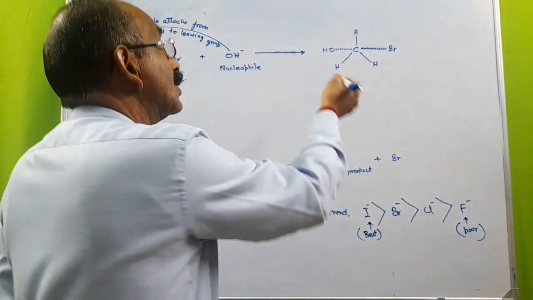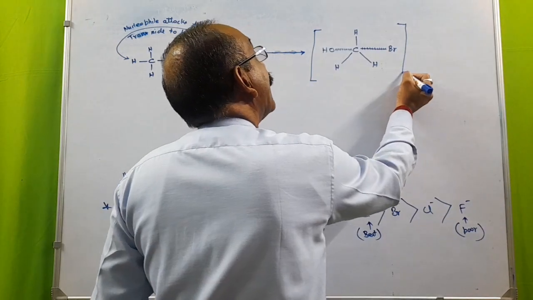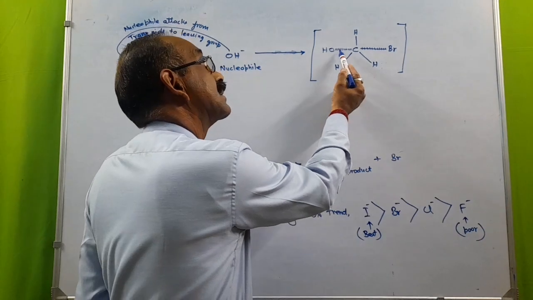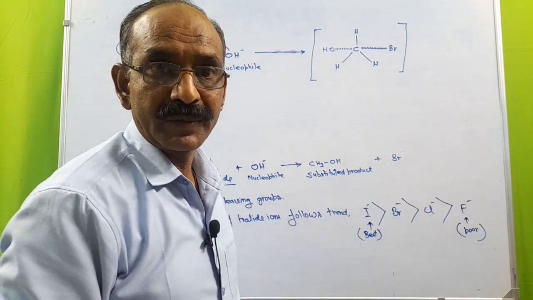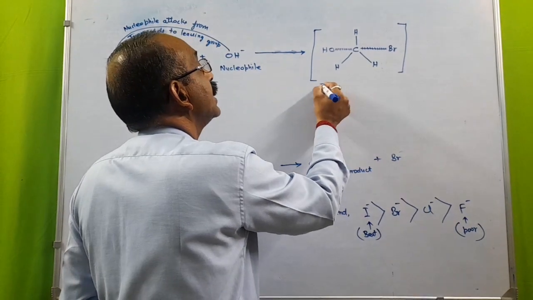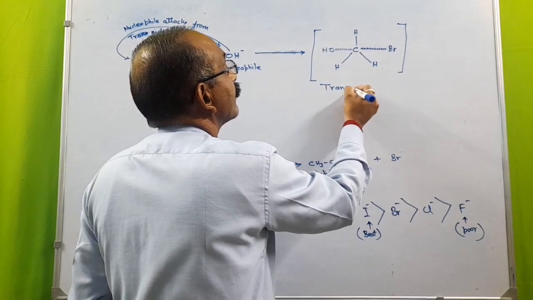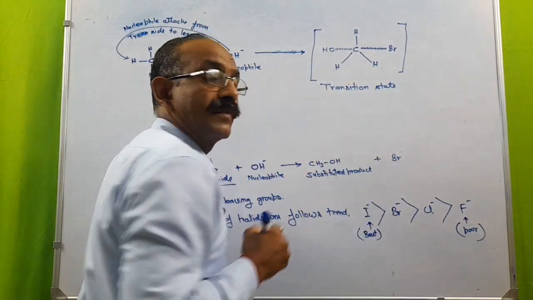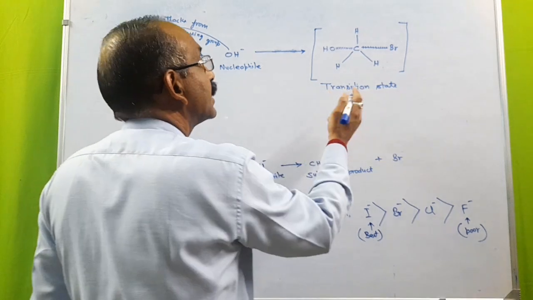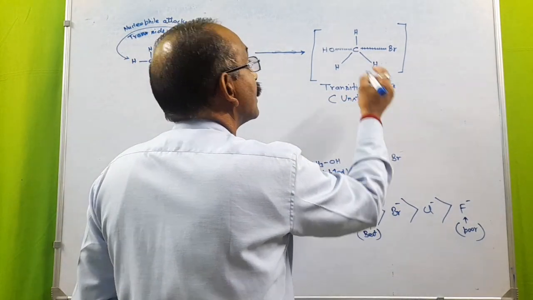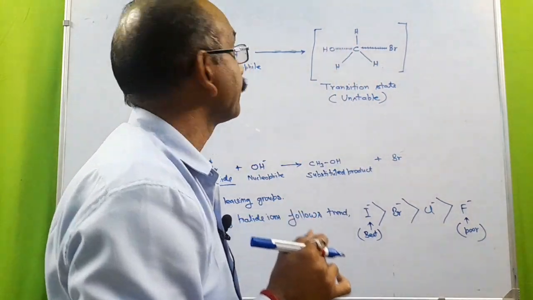So a condition is created when the old bond is not completely broken and the new bond is not completely formed. This intermediate is known as the transition state. This transition state is highly unstable. See here, the carbon becomes pentavalent.